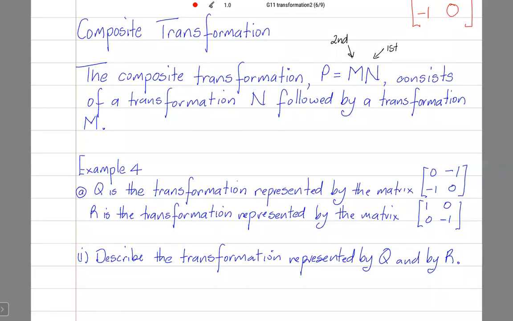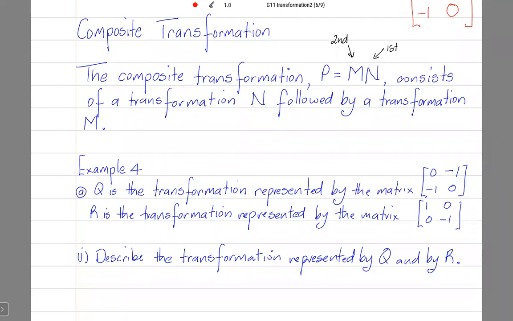But when you do that, you must switch them around. The first will be the last and the last shall be the first.